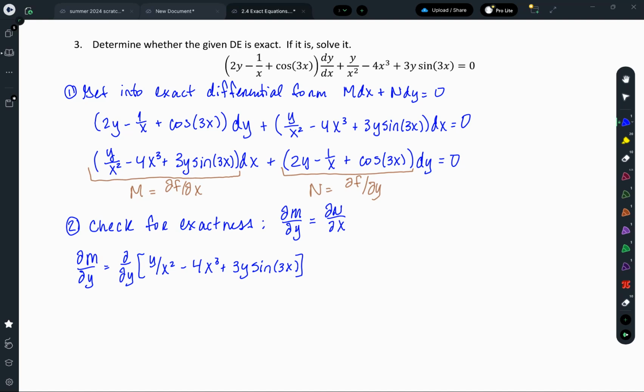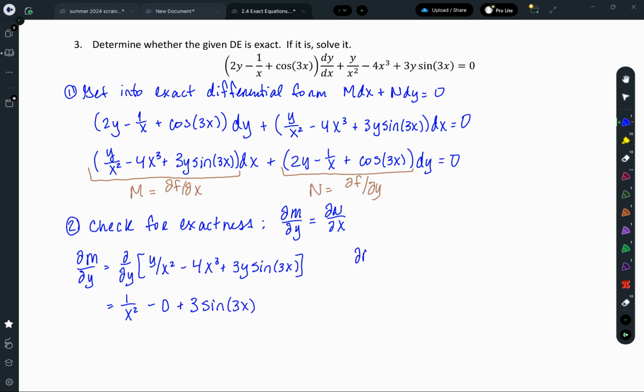The derivative with respect to y of y over x squared is just going to be 1 over x squared. The derivative with respect to y of minus 4x cubed is minus 0, because that's just a constant. And the derivative of 3y sine of 3x, I really just focus on that y. So the derivative of y is 1, so this will be plus 3 sine of 3x.